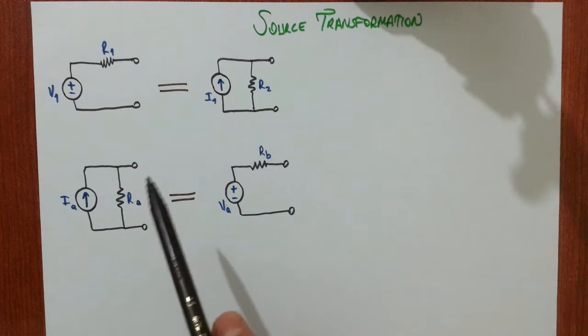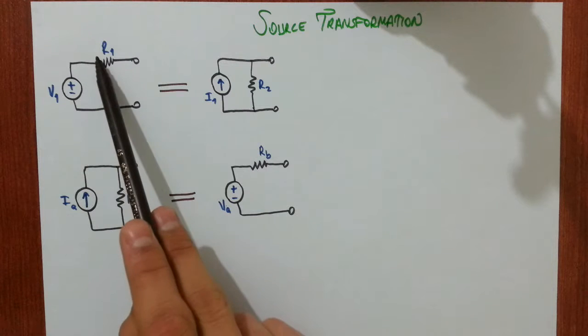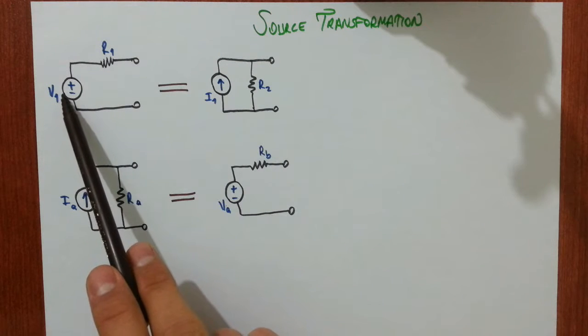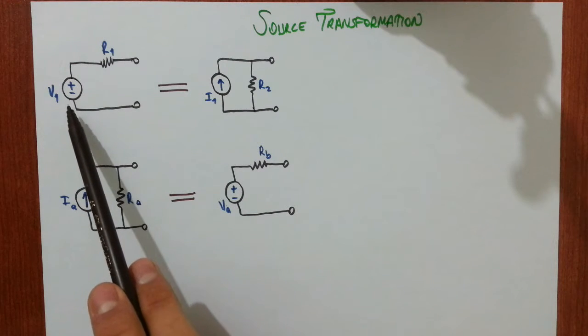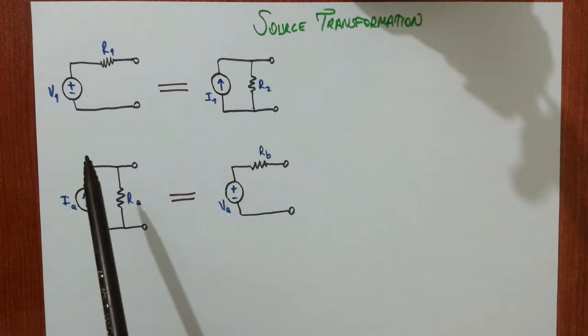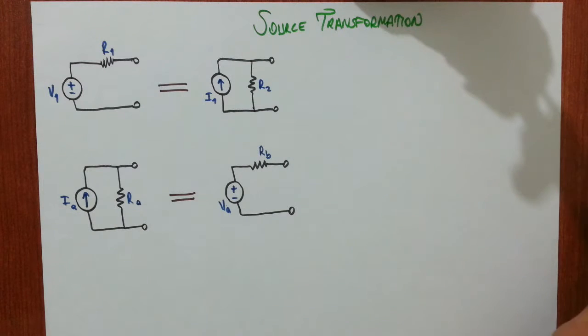Alright? You may ask what will happen to values? Will the resistance value remain the same, or the voltage supplied by this voltage source, will it be equal to the current supplied by this current source? You're right. There are some transformation rules.